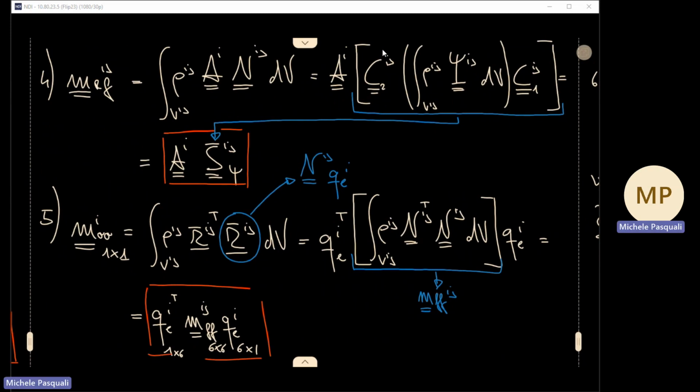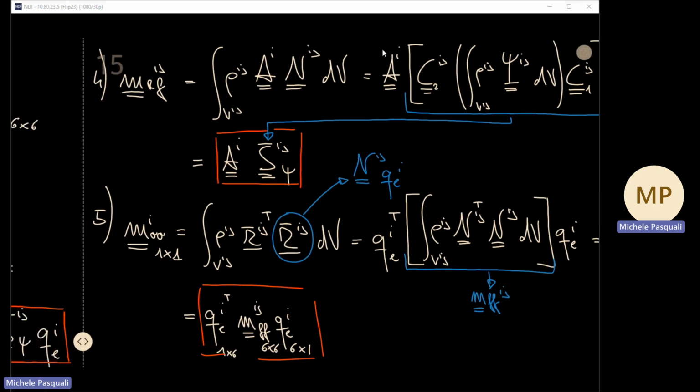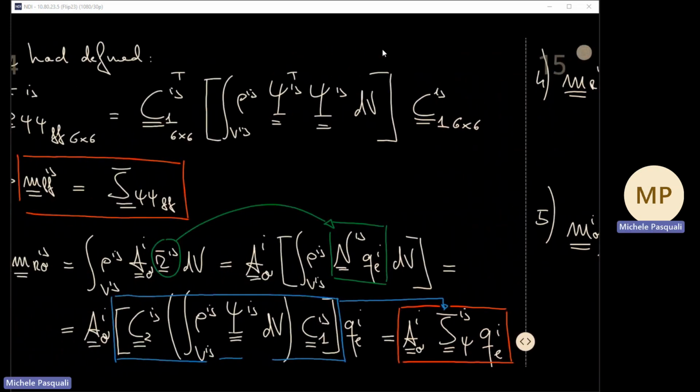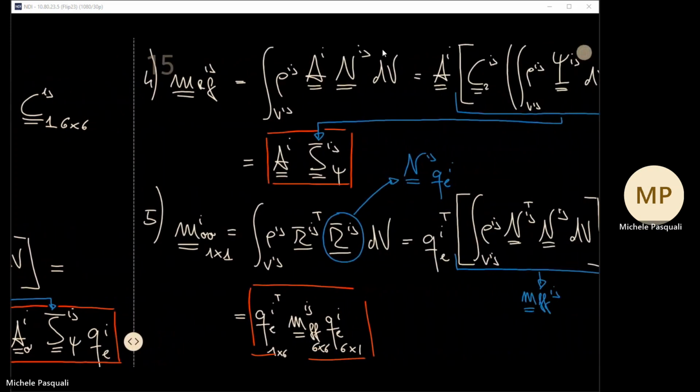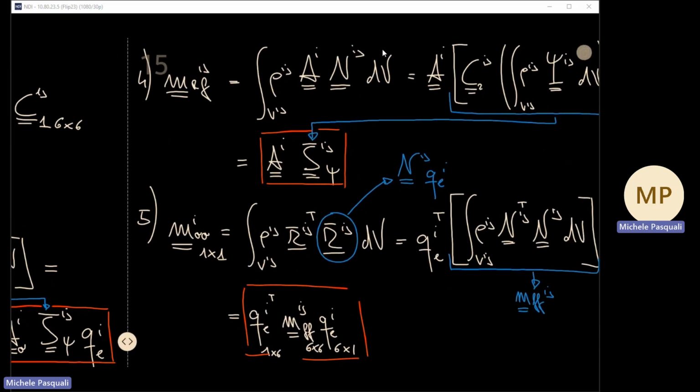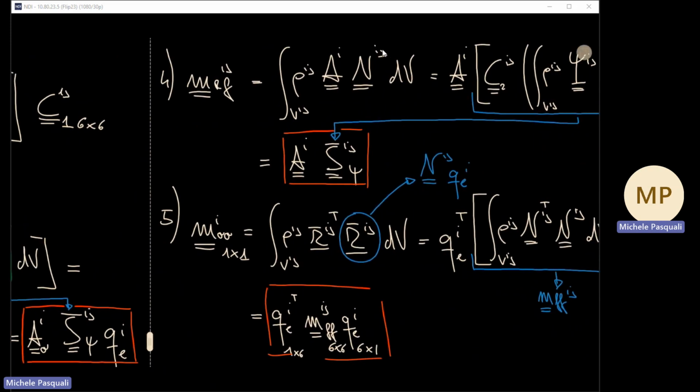Then here we have MFF, which resorts to basically this S over bar Ij matrix here. And then we have this S psi Ij.